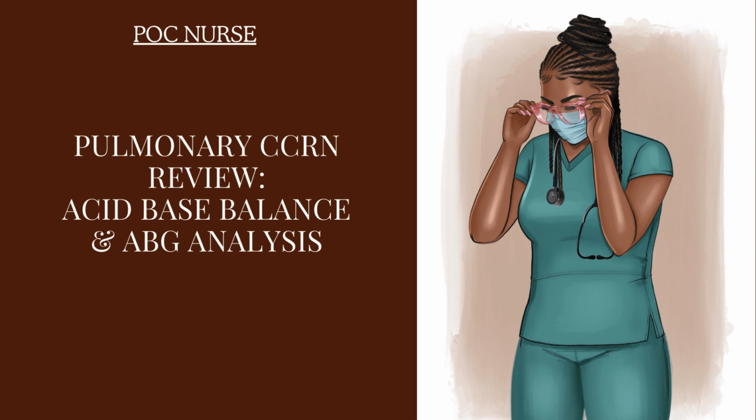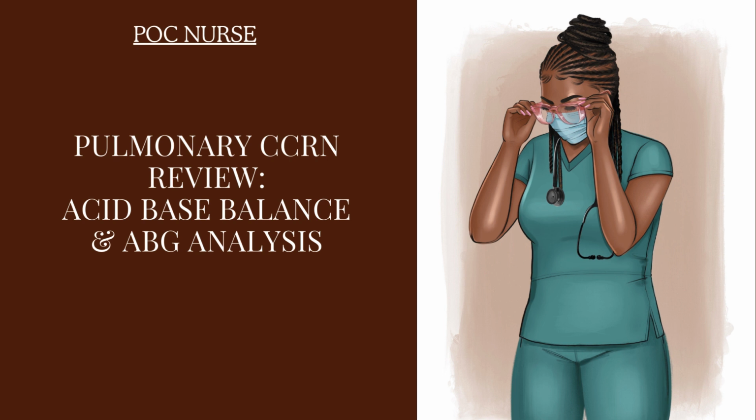Once you know what your pH is, now you want to know, is this metabolic or respiratory? You look for your respiratory parameter. Is it normal? If it's normal, you don't have respiratory anything. Look for a metabolic parameter, which is bicarbonate. Is it abnormal? If it's abnormal, you have a metabolic something, alkalosis or acidosis. I hope that makes sense.